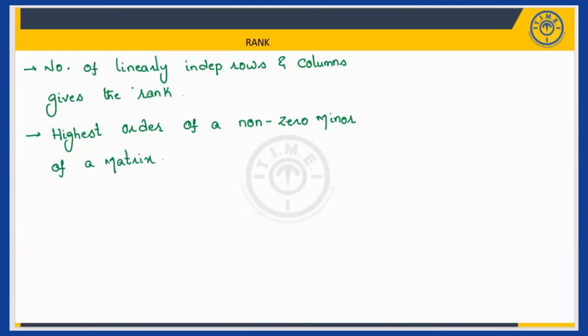So the highest order of a non-zero minor of a matrix gives the rank.